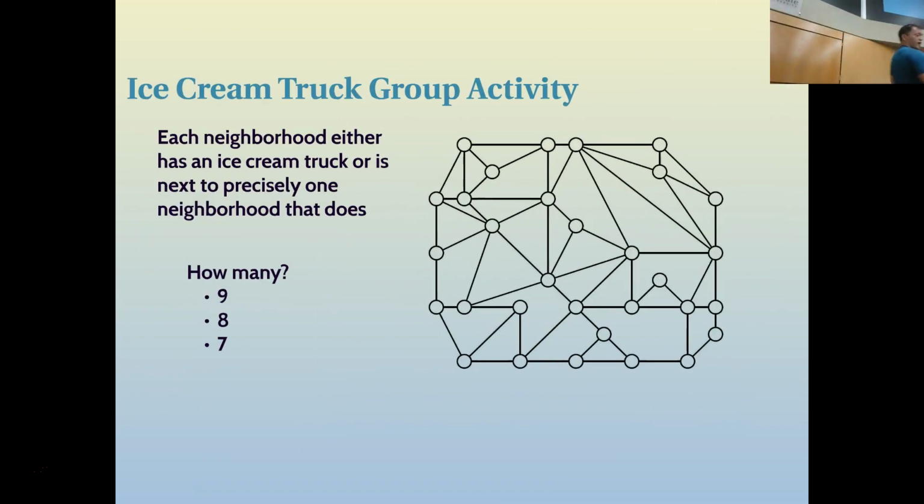So that is a graph. And I want to give you an activity. The first activity of today is to find the dominating set for this graph. How can you arrange ice cream trucks in this map so that every neighborhood either has an ice cream truck in it or is connected to exactly one neighborhood that has the ice cream truck? So I have the handouts here.